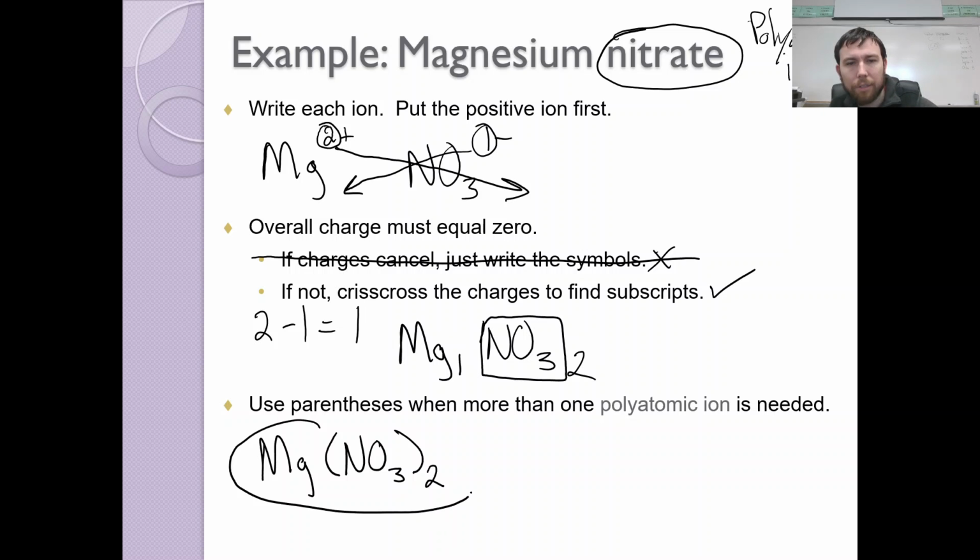And that, ladies and gentlemen, would be the chemical formula for magnesium nitrate. And so, ladies and gentlemen, that's how you would go through and write chemical formulas based on names for ionic substances.